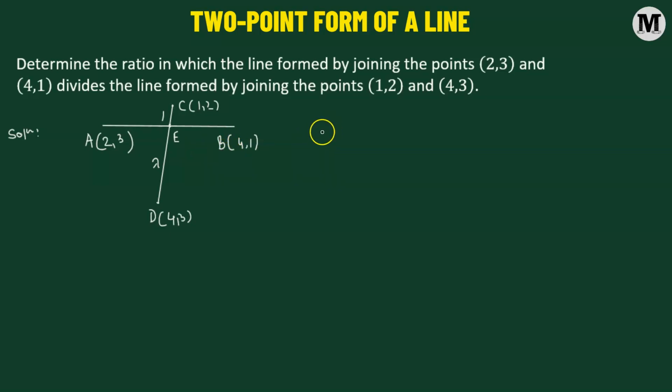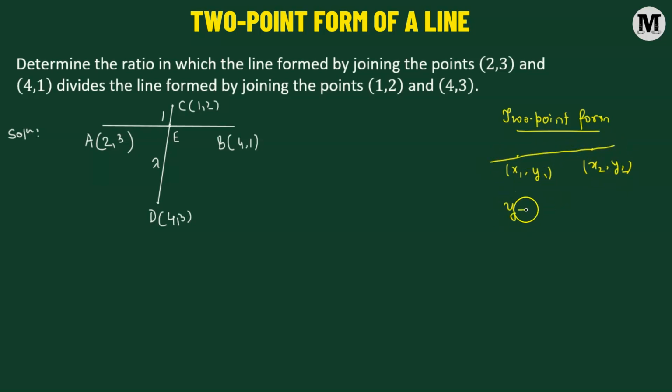For this, we are going to use the 2-point form of a line. So let's quickly recap the 2-point form of a line. The 2-point form states that if we have 2 points with the coordinates (x1, y1) and (x2, y2), then the straight line which passes through these 2 points has the equation y minus y1 equals (y2 minus y1) divided by (x2 minus x1) multiplied by (x minus x1).